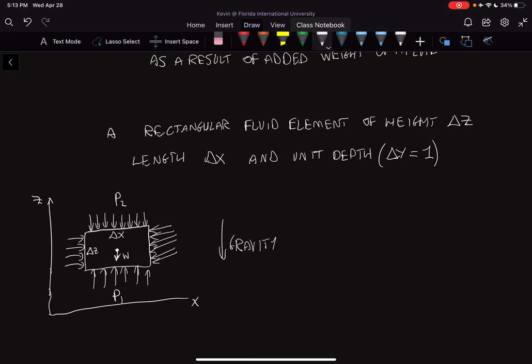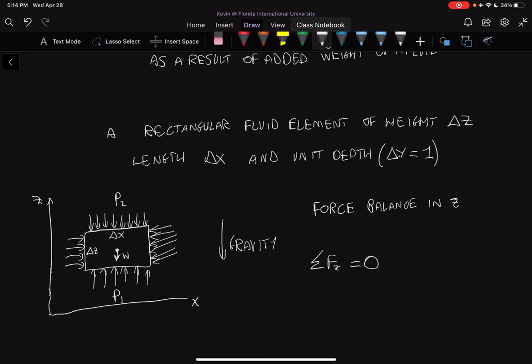Okay, so now what happens if we take a force balance on this? So kind of like a statics analysis, a force balance in the z direction. What happens if we take a force balance in the z direction? Well, we can say that the sum of the forces in the z direction is equal to 0 because of the fact that it's in equilibrium.